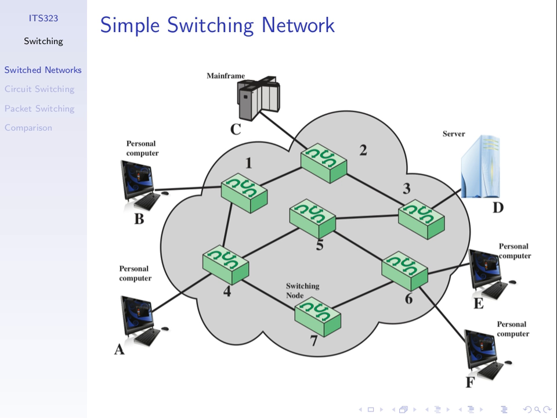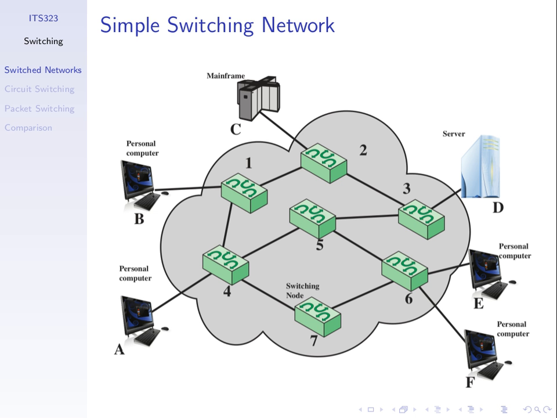But the data going from 4 to 7 may be the data from A to F. This link could also carry the data from B to E. And it could carry other users' data. So the links inside the network may carry data from multiple users, and preferably carry data from multiple users at the same time. And we know that that's what multiplexing does. Multiplexing allows data from multiple users to be sent across the one link.